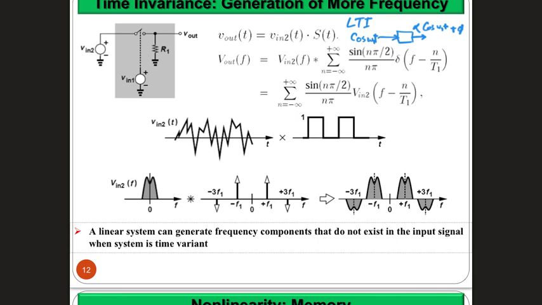And if Vn1 is 1, the switch is connected, and the output is going to be exactly the same as the input. Now if you think of that, this means that you can represent the output of this system as the multiplication of whatever input signal you put with that square function, right?